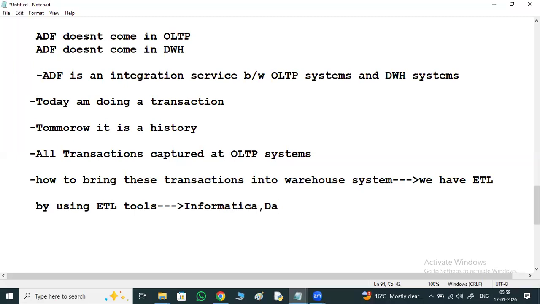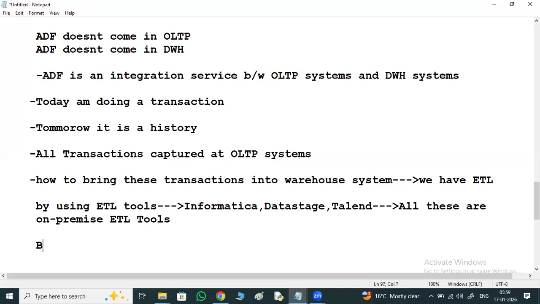Informatica, DataStage, Talend. All these are on-premise ETL tools.